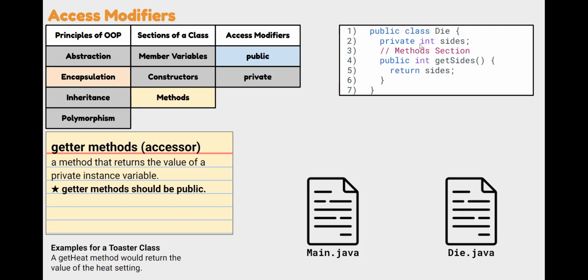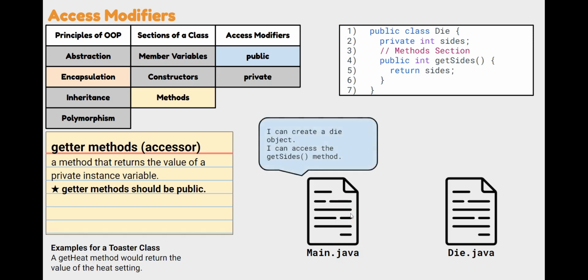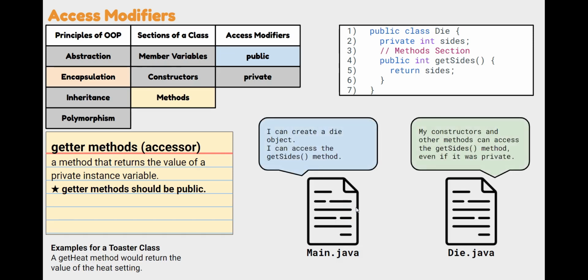Therefore, the user doesn't have direct access to the variable, but we will tell them the value if they ask for it. Those getter methods should be declared public. It is the only way for an outside class to get the value of one of the member variables.